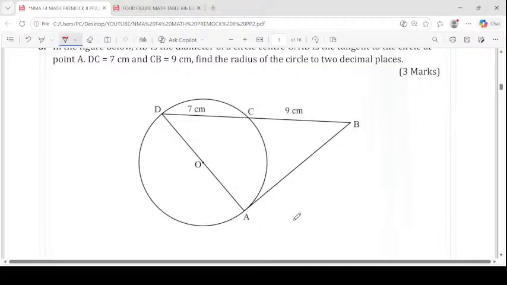It's going to help us a lot. You should be aware that we are trying to find the radius of the circle. They want this measurement.